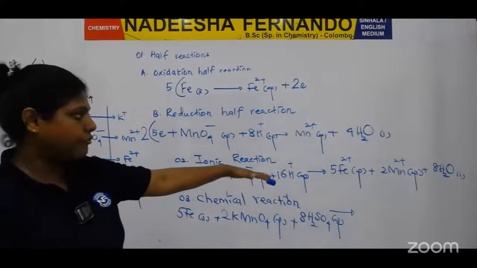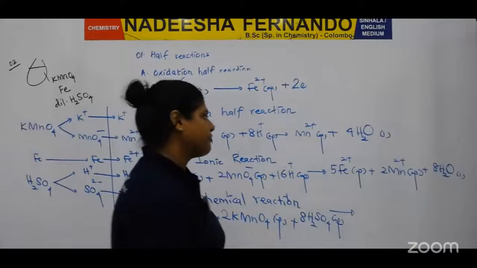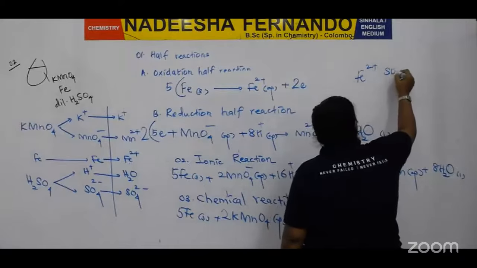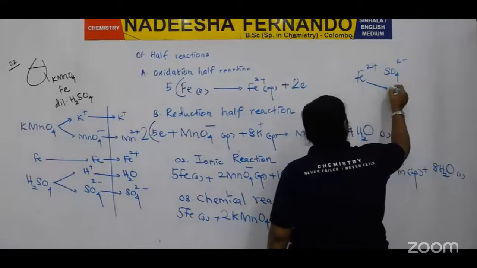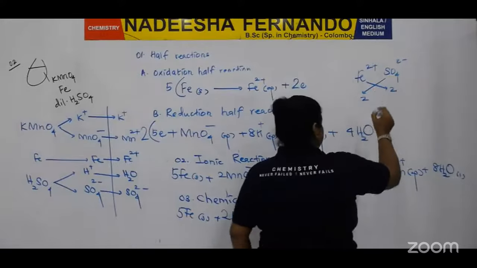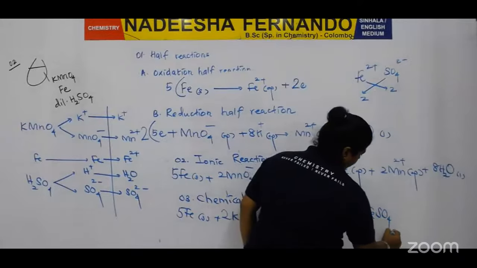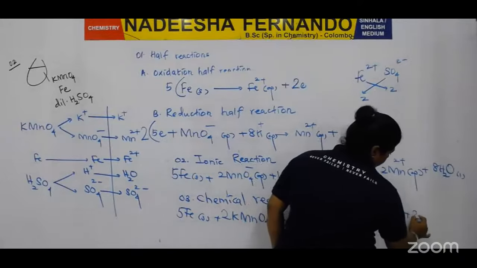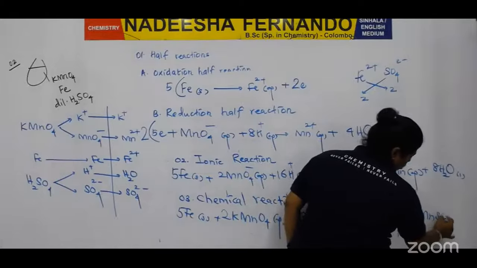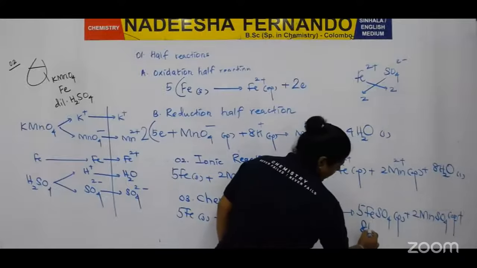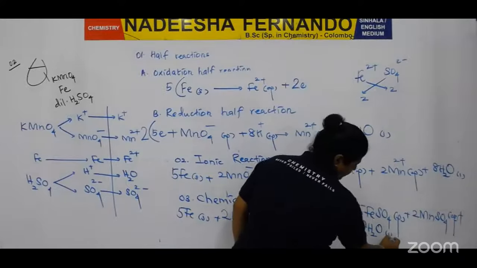On the other side, Fe2+ should be balanced with sulfates. Fe2+ and SO4 2-, to get balance, 5 FeSO4. To get Mn2+ as a compound, 2 MnSO4, and 8 H2O liquid.